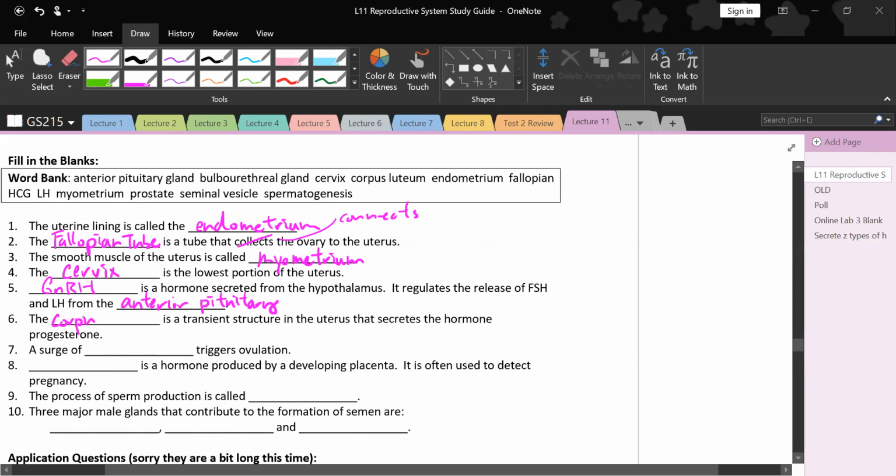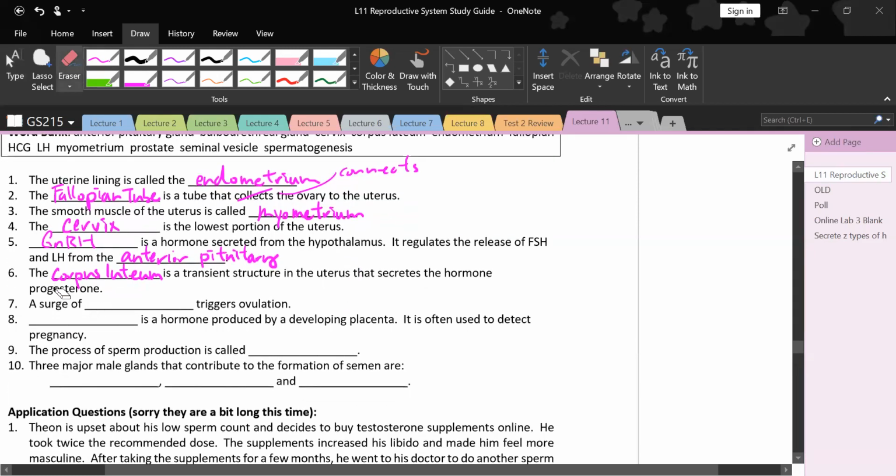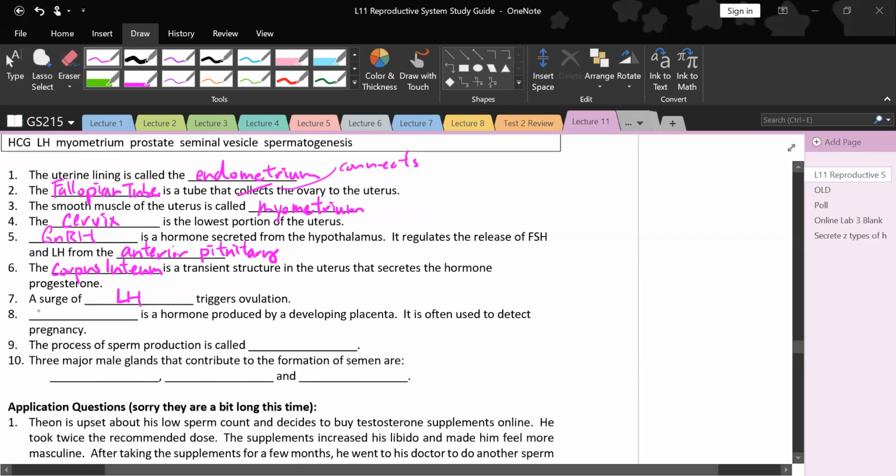The corpus luteum is a transient structure in the uterus and secretes the hormone progesterone. A surge, like a sudden increase of LH, triggers ovulation. And then the HCG is a hormone produced by the developing placenta.